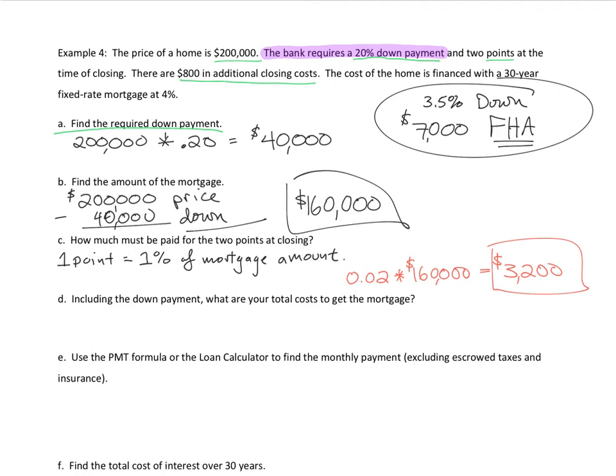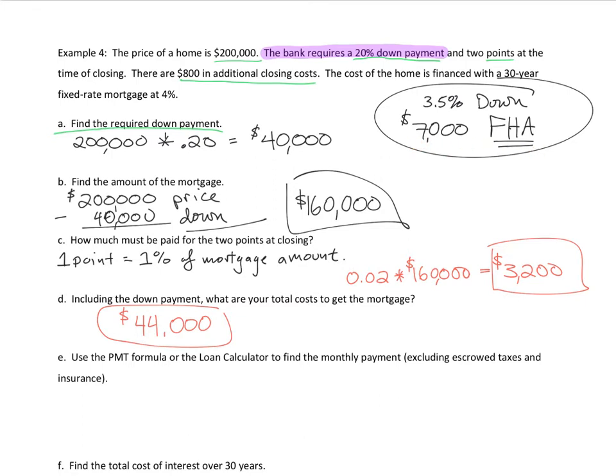So we have 40,000, we have 3,200, and we have 800. When you add up all of these numbers together, you will get that the total amount here to get the mortgage will be $44,000. And again, a lot of people just don't have $44,000 sitting around. So you always want to be saving money or trying to find better loan options like an FHA loan.